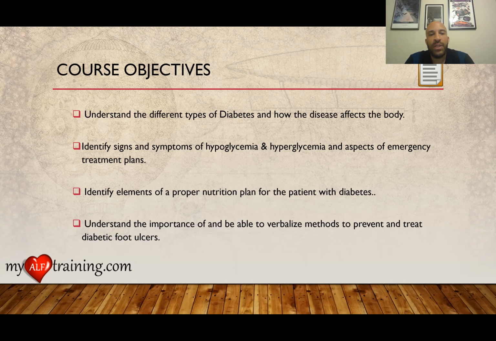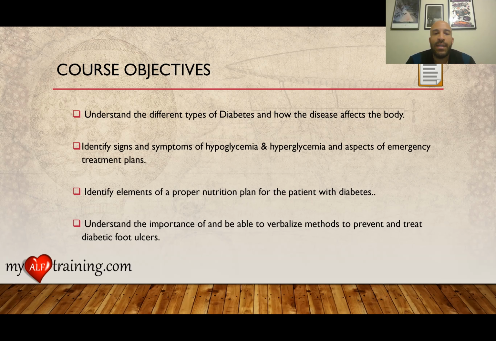Our third course objective is going to be identifying elements of a proper nutrition plan for the patient with diabetes. So diabetes, I'm sure you have the understanding that the patient's body has trouble with controlling the amount of sugar in the blood, which is why we're always checking their blood sugar.